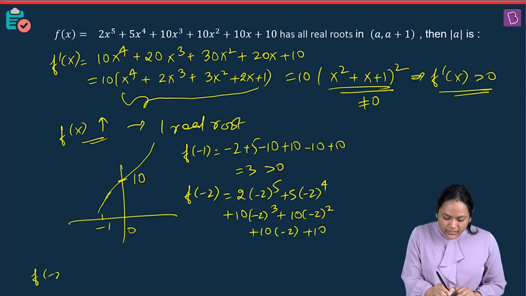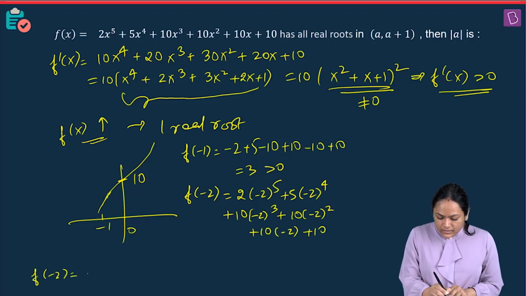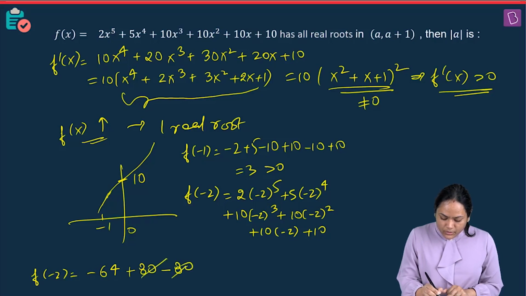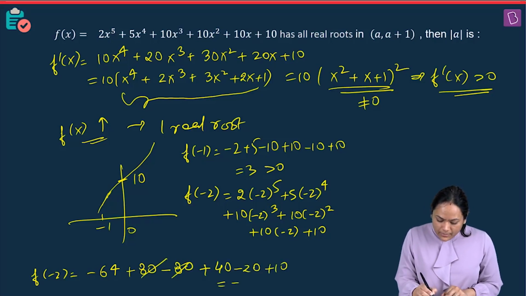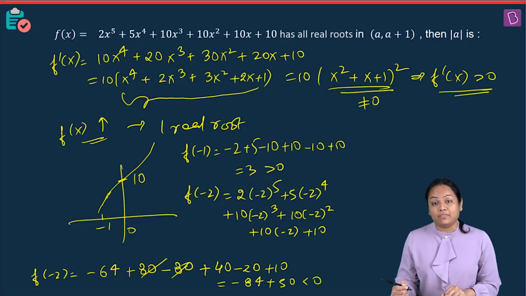So my f of minus 2 is actually coming out as minus 64. Then it is plus 80. Then it is minus 80. So this part got cancelled out. Then it is plus 40 minus 20 plus 10. Okay, so this value is coming out as minus of 84 plus 50, definitely negative.